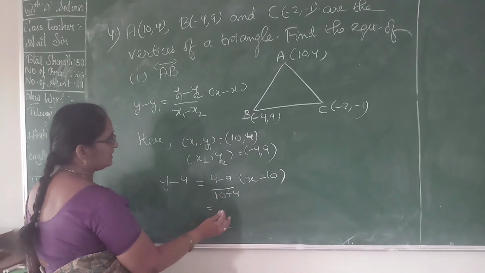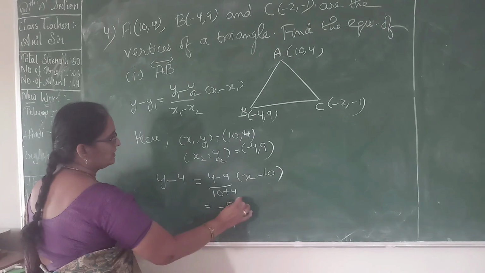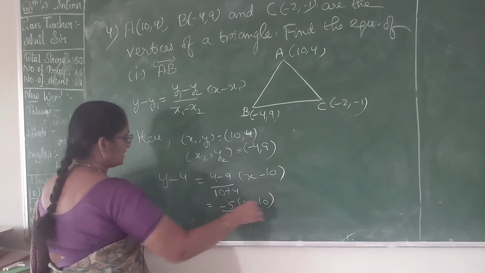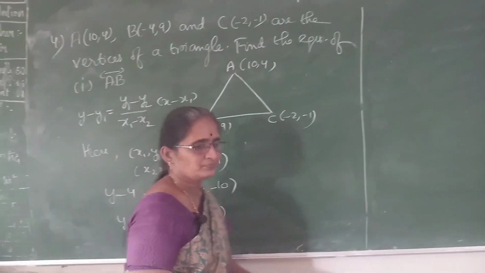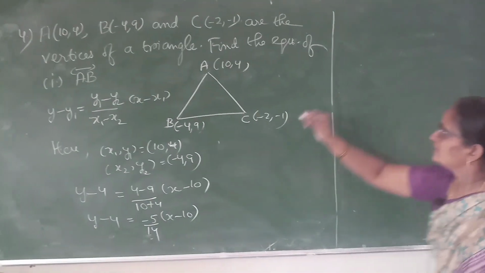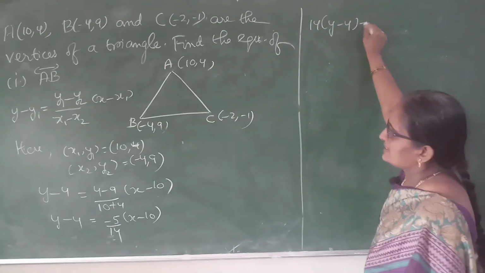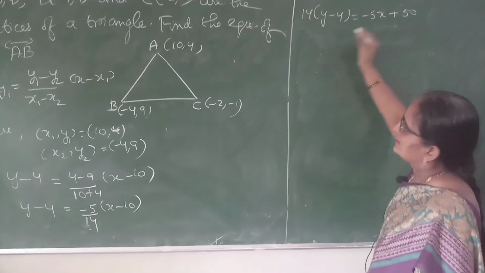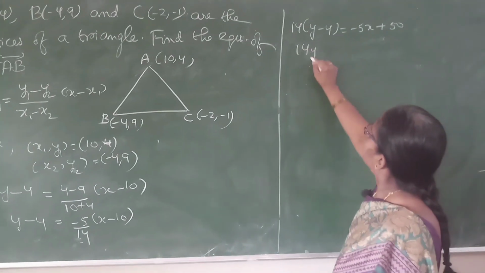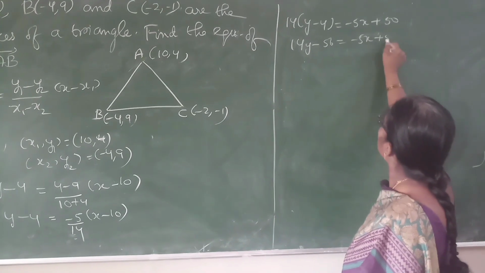So what you are getting here: y minus 4 is equal to minus 5 by 14 into x minus 10. Now cross multiply: 14 into (y minus 4) is equal to minus 5x plus 50. 14y minus 56 is equal to minus 5x plus 50.